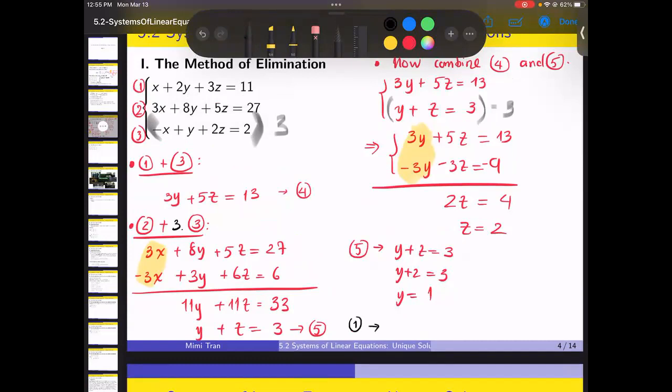Equation 1 is x plus 2 times y, which is 1, plus 3 times z, which is 2, equal 11.